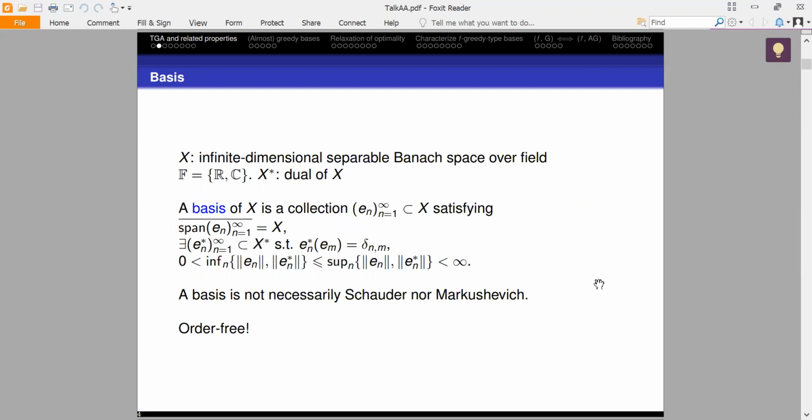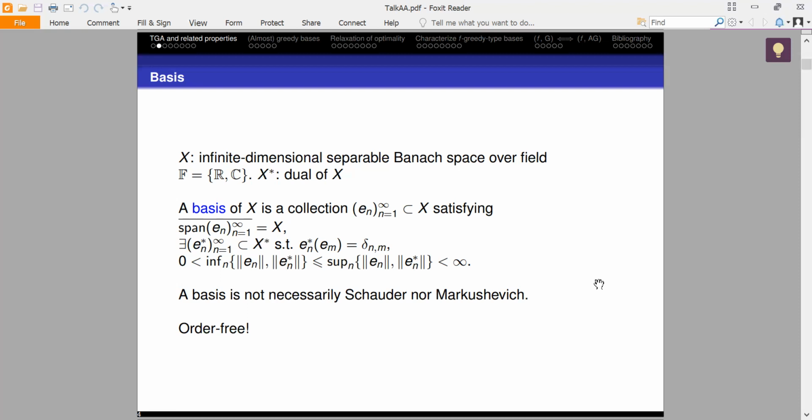Let X star be the dual of X. Then a basis of X is any countable collection e_n in X, such that the closure of the span of e_n is equal to X. And there exists a collection e_n star in the dual, such that e_n star e_m is the canonical delta function. This is also called the bi-orthogonal functional of the e_n's.